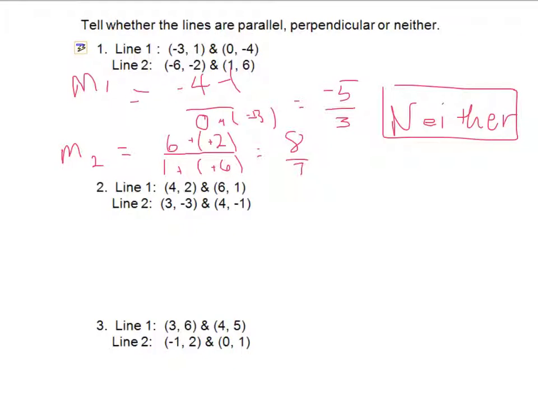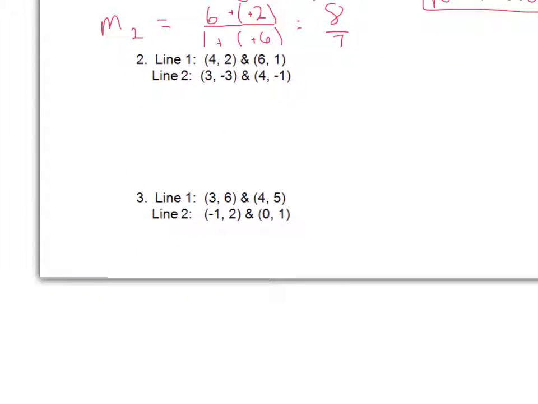All right, let's look at example 2. Line 1, let's find the slope of that one. So m sub 1 is 1 minus 2 over 6 minus 4, which would be -1 over 2, -1/2.